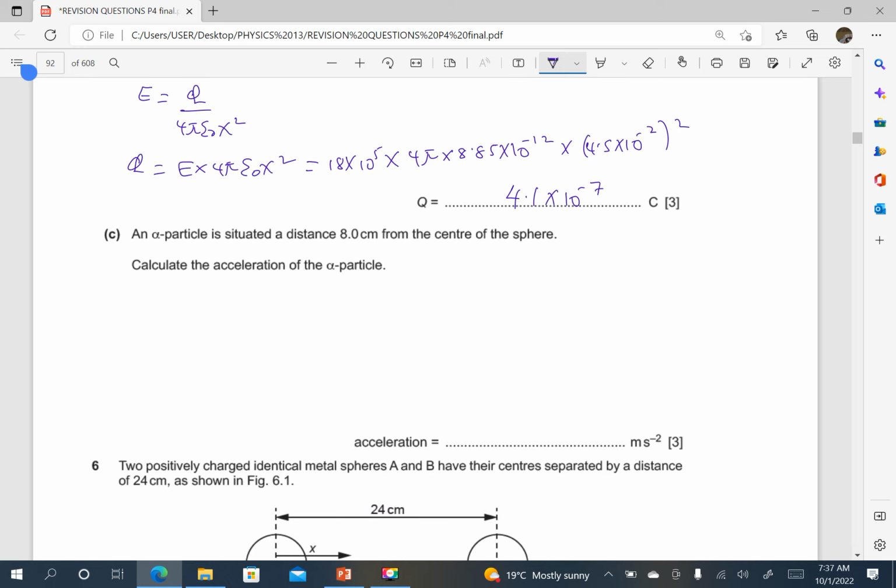An alpha particle is situated a distance 8 centimeters from the center of the sphere. Calculate the acceleration of the alpha particle. So we want at 8.0 centimeters, what is the value of E?